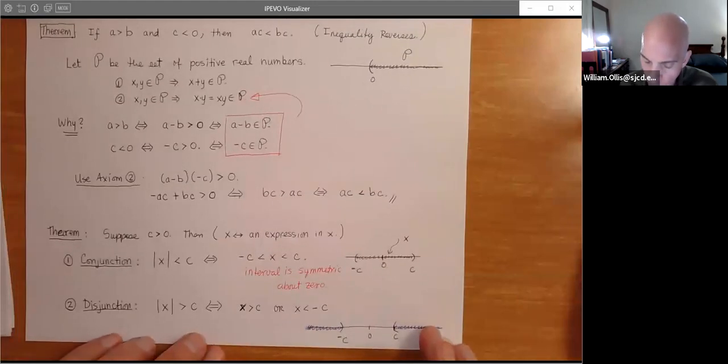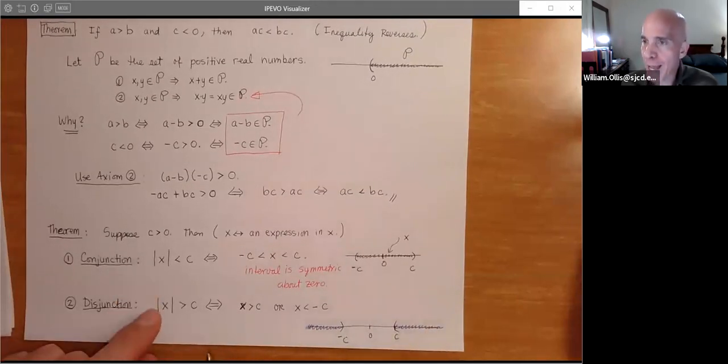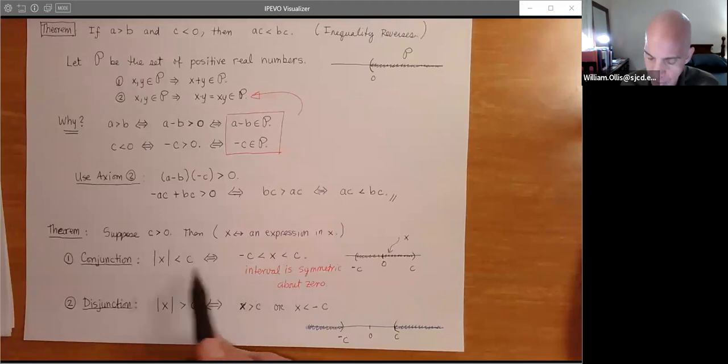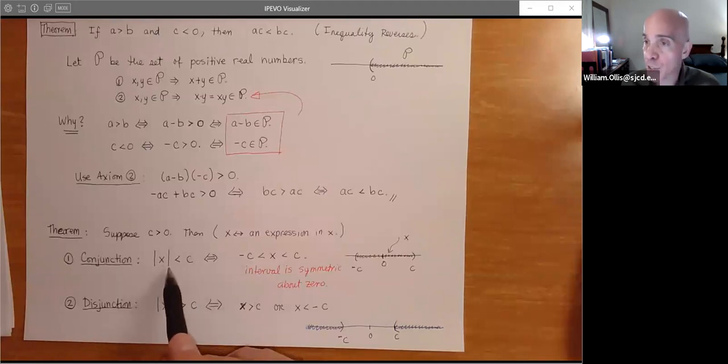The main thing here is that absolute value is a very useful function that helps us to create intervals that are useful in studying calculus and analysis. And so this is why when you get the definition of the limit of a real valued function, it will utilize the conjunction twice in the hypothesis and the conclusion.